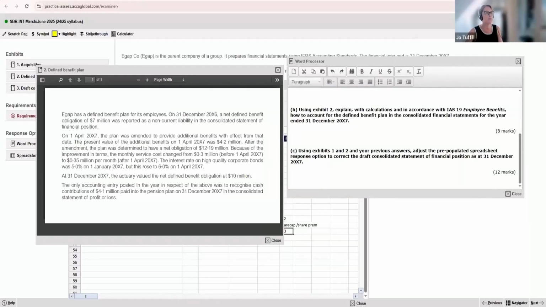So if we look at defined benefit plans and just check your understanding of them, here in the notes is a defined benefit plan.